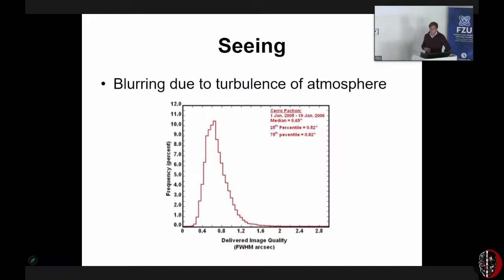Maybe Hawaii is a little bit better, but if you look at the distribution of the delivered image quality, the median seeing there is approximately 0.65 arc seconds, which is very good.